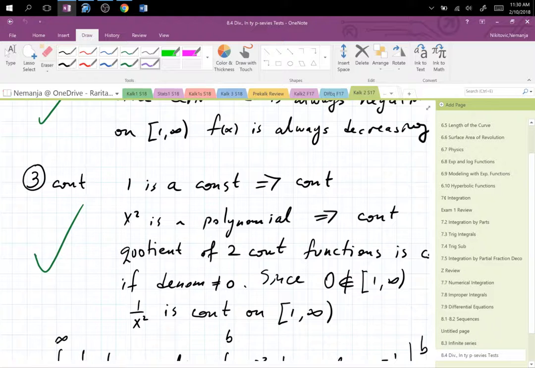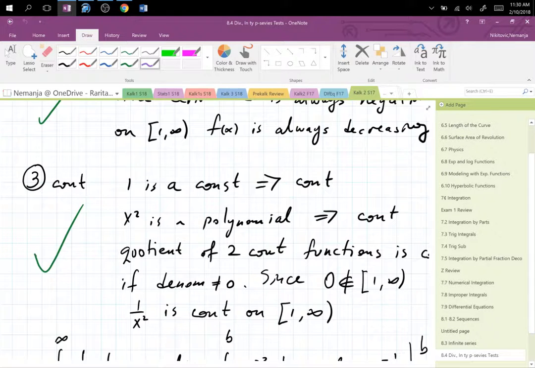So this sentence is the fourth rule on the purple list. Since 0 is not in the interval, the function is continuous on 1 to infinity. There you go. So this is the way some of the problems in calculus are solved. You write a few sentence paragraph, simply recalling the theorems which you had before.